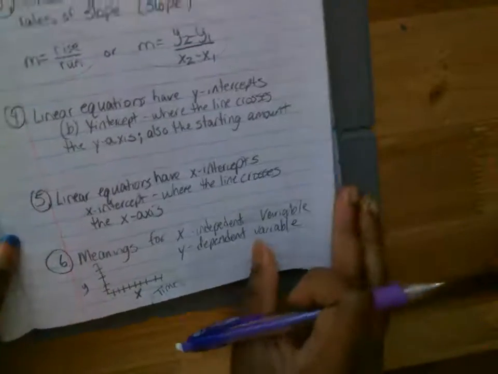Okay, so the last thing that we need to know, or that we're going to write about linear functions, is number 7, practical domain. The practical part is what makes sense. Domain is talking about your x values.